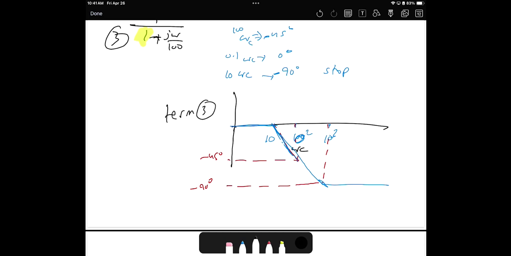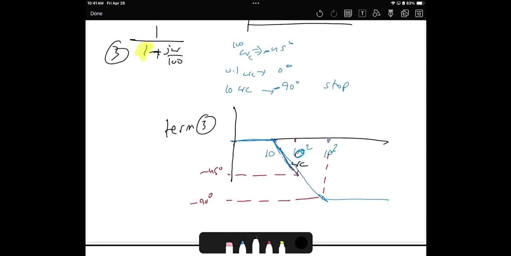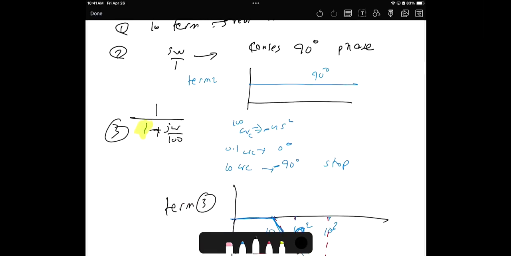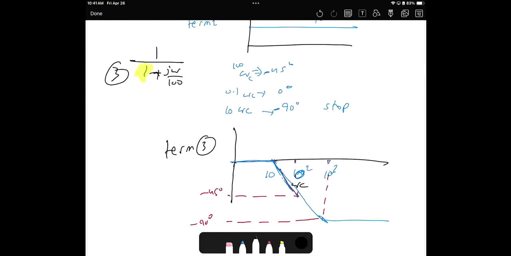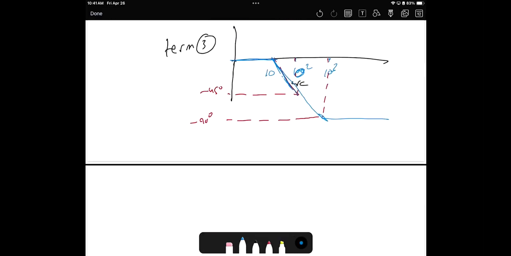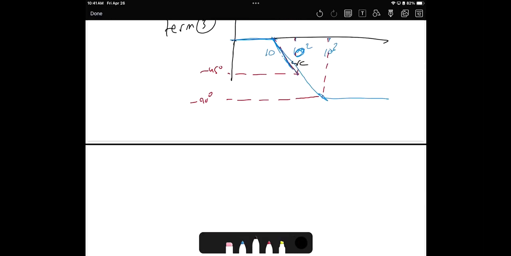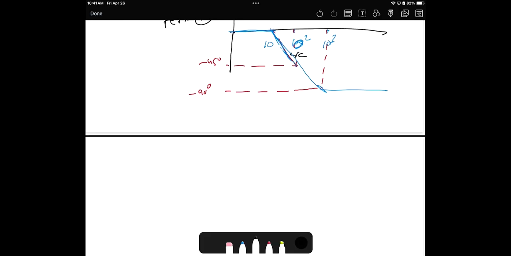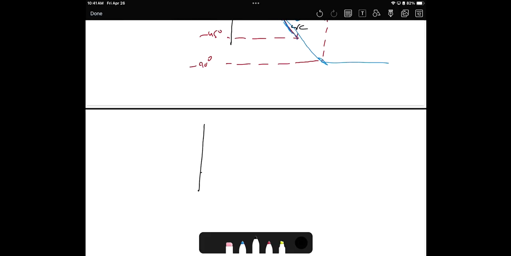Now, to do the shifts, the angle, we need term 1 plus 2 plus 3. Term 2 is 90 degrees. Term 1 is 0. Then term 3 is plus 90 degrees. So the sum, I need to plot phi of omega, this is term 1 plus term 2 plus term 3.